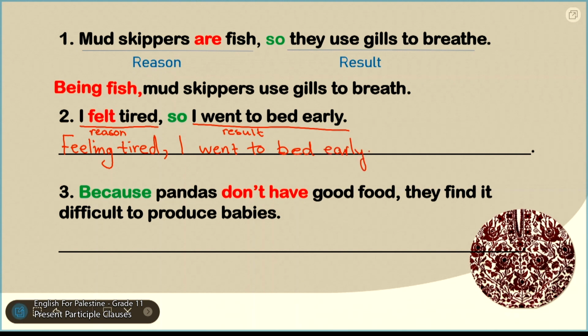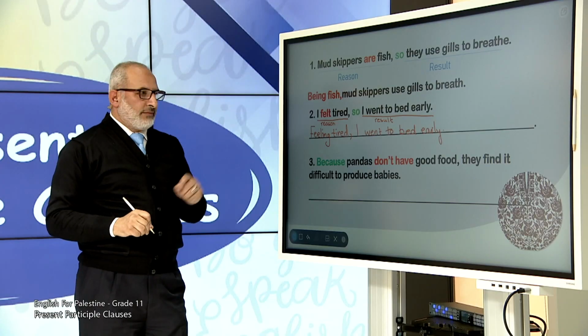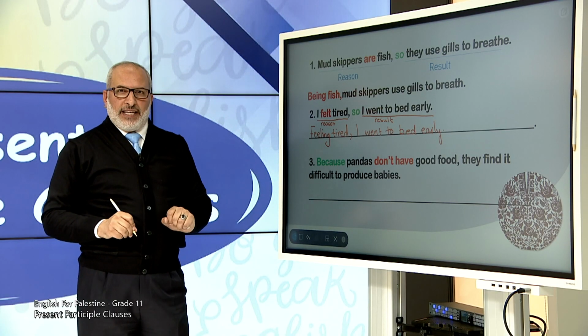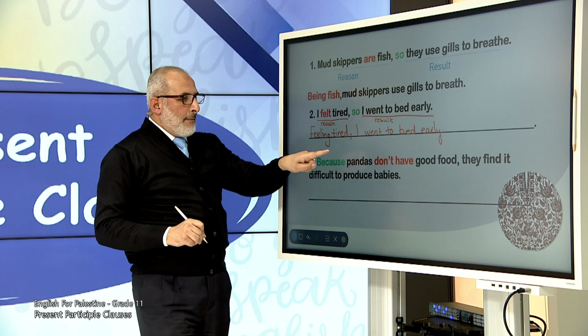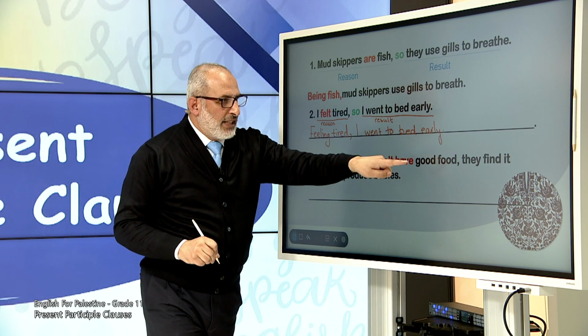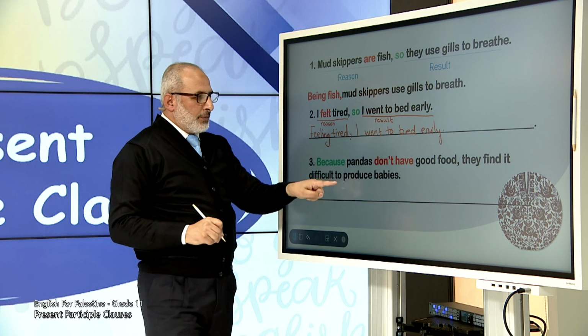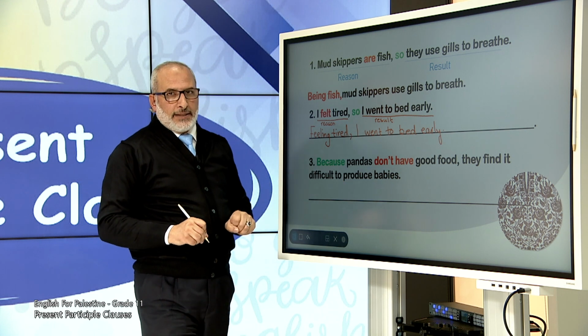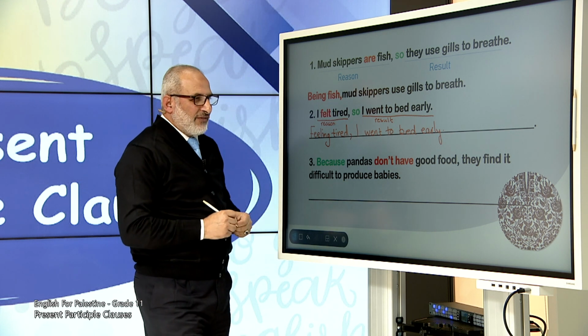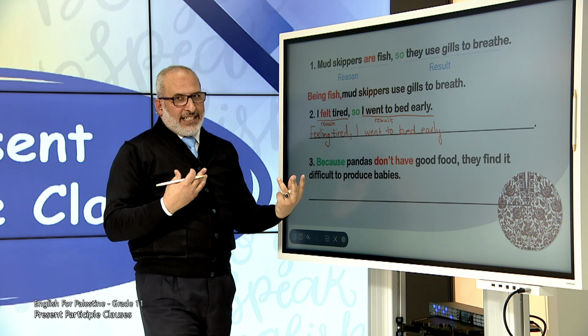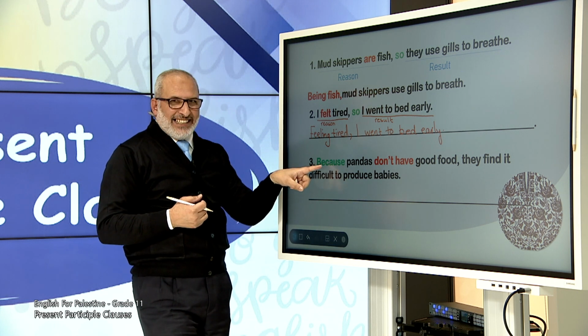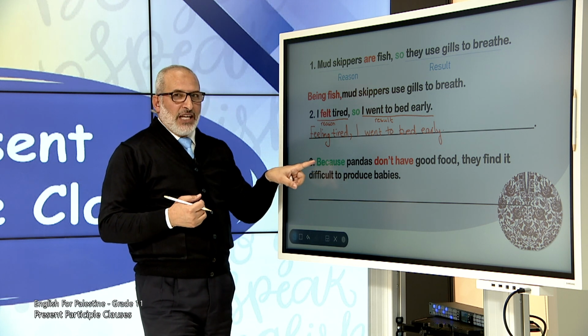Okay? Is it clear now? Let's do number 3. Because pandas don't have good food, they find it difficult to produce babies. Again, here we have a result and a reason. Be careful, we have because.